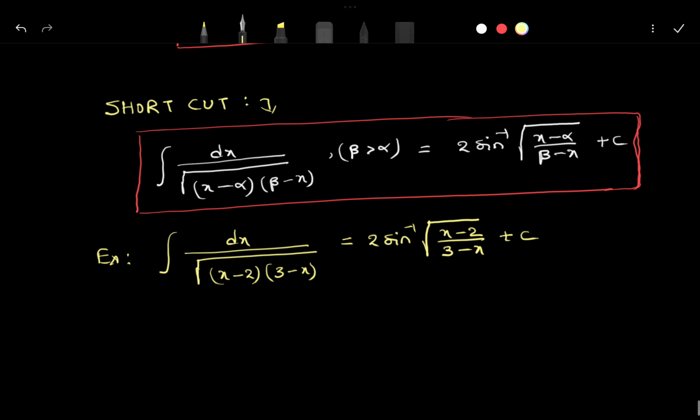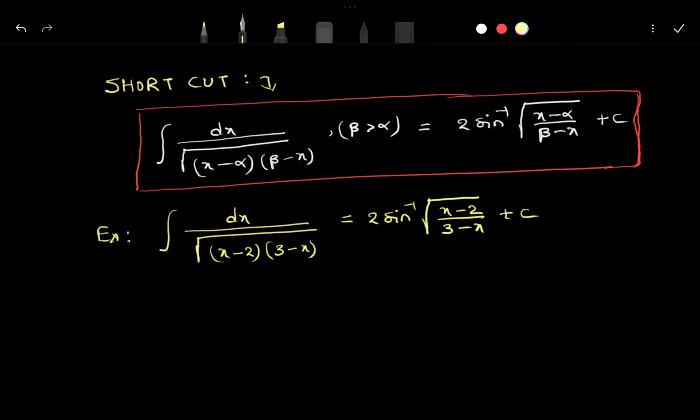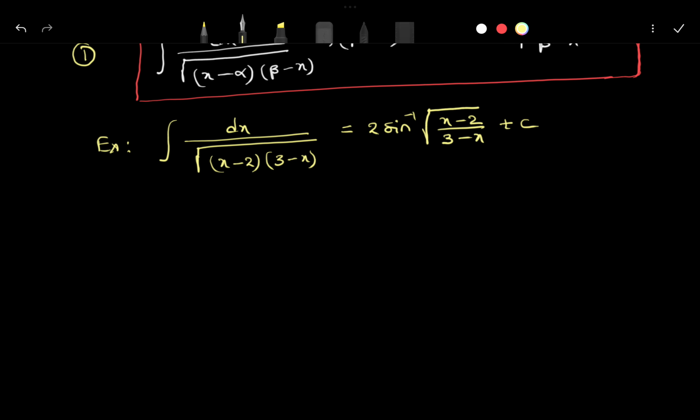So now next, one more very important question. This one we can use as one more shortcut formula. This is shortcut 1. And next I will tell you one more shortcut formula. This is also a direct formula in NCERT, I mean in the board examinations or mains examinations.